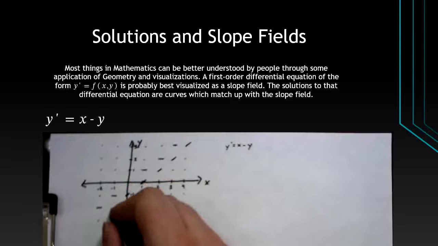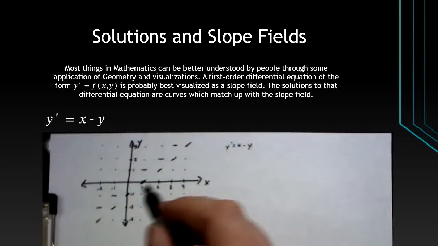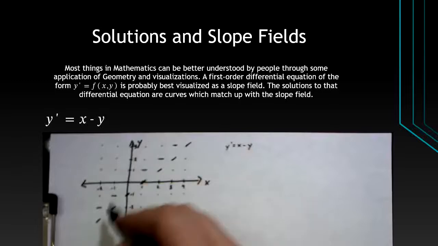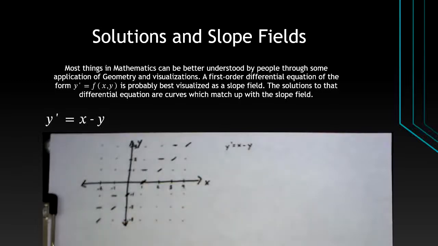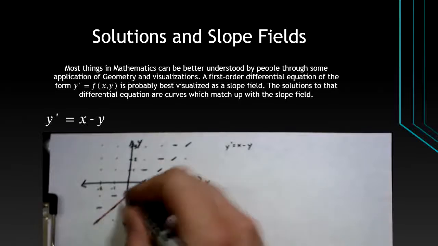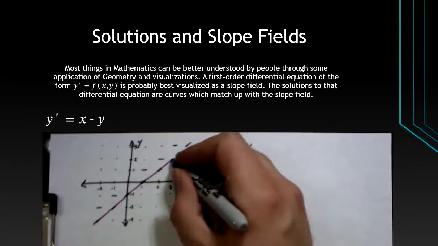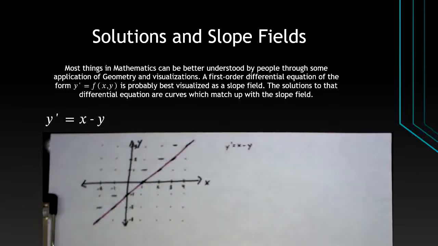Interestingly, this isocline that I'm putting in also has a slope of 1, and it's supposed to represent the slope of 1. What that means is that this curve that we just displayed is a solution to this differential equation. So y equals x minus 1 solves the differential equation. You could check it if you'd like.